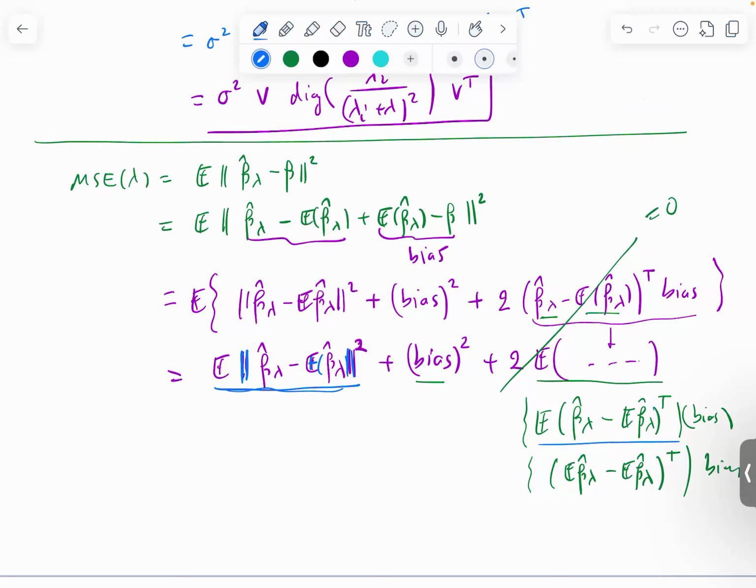Good question. And that points out the fact that I should do this as well. So this is also a vector. I should do it like this. Bias is a vector, so the first term is like squared norm. The second is also squared norm. Any other questions? Maybe let me try to clean this up a little bit.